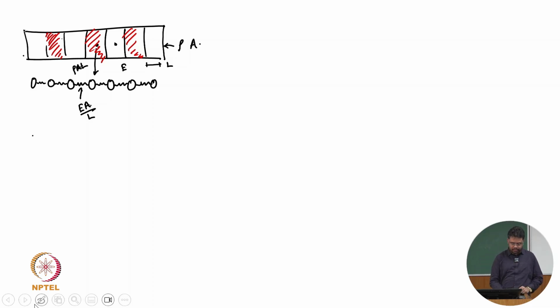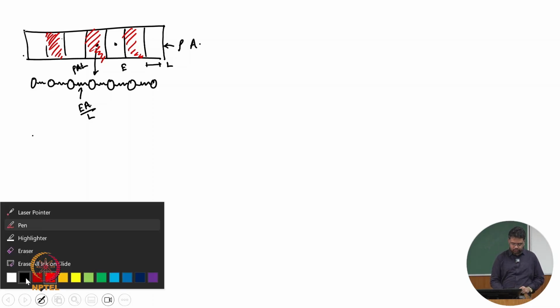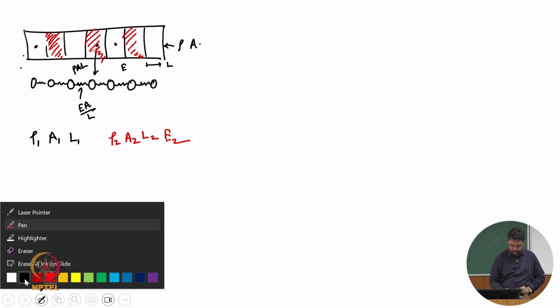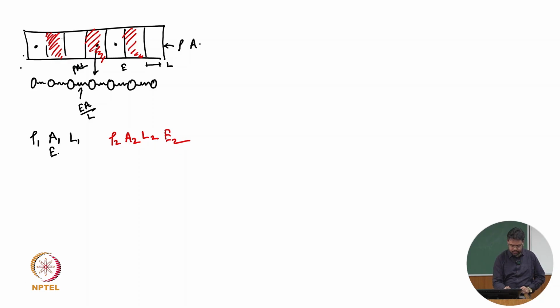The black one has rho 1, A1 and L1, and the red one has rho 2, A2, L2, and obviously E2, and this is E1. So what will happen now? How should our chain look?